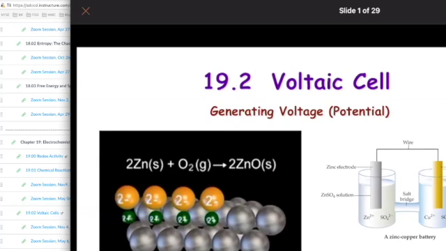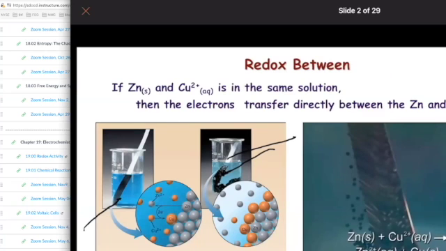So like I said, this is the reaction in which the zinc is going to get oxidized. And here that blue color turns lighter because the ions diminish, and now they form copper solid. So that's what's going on here.